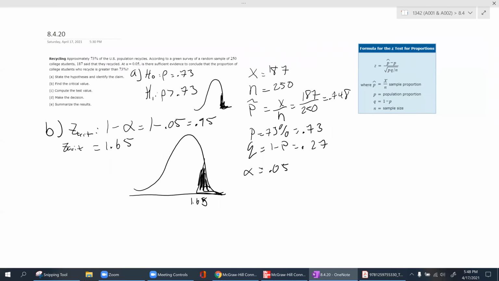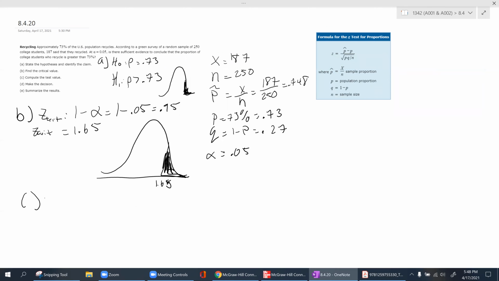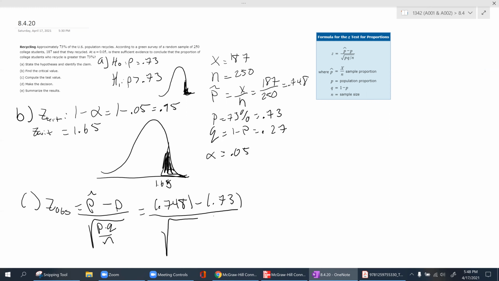Let's go ahead and find Z observed, which is P hat minus P over the square root of P times Q over N, which is 0.748 minus 0.73 all over the square root of 0.73 times 0.27 over 250.